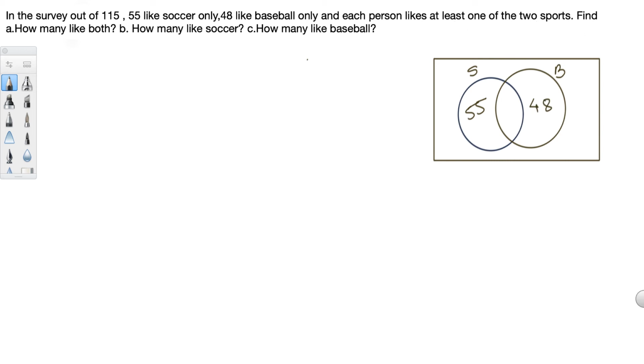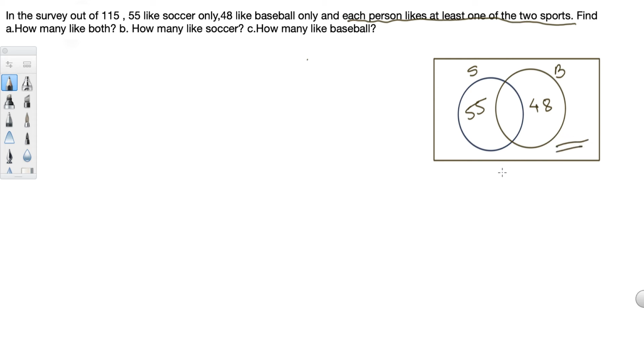The question has now told us that each person likes at least one of the two sports. That means whatever the number of people in the survey, they like either soccer or baseball, so there is nothing in the complement area.